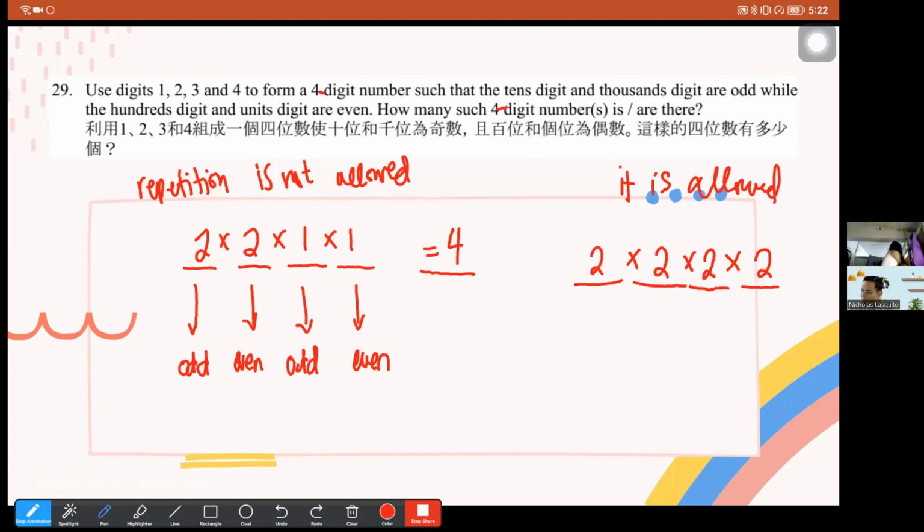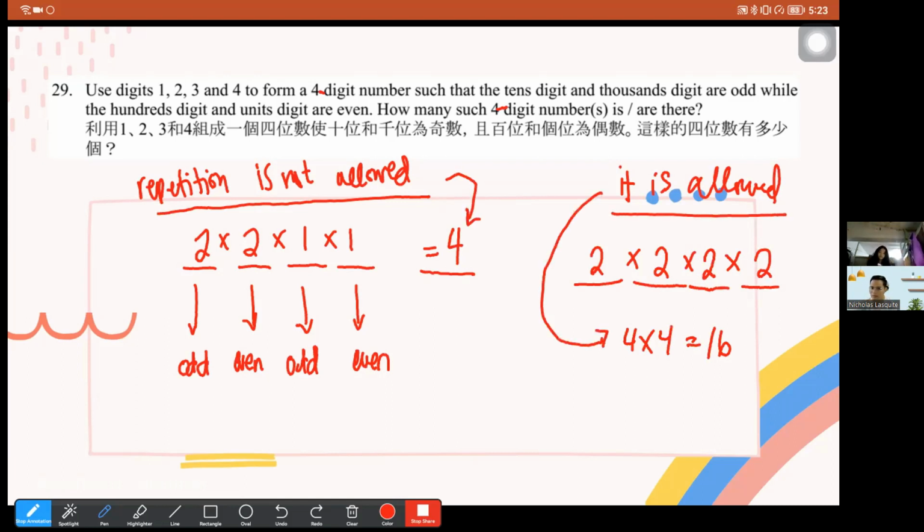So this is just 4 times 4, which is 16. Take note that if repetition is not allowed, the answer is 4. If it is allowed, the answer is 16.